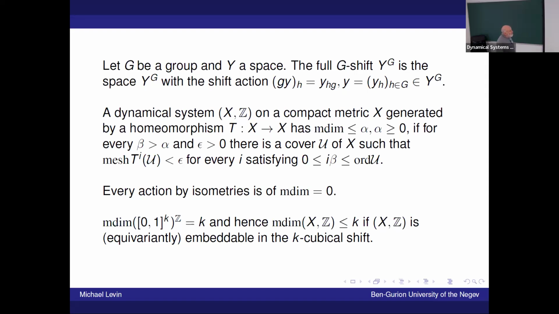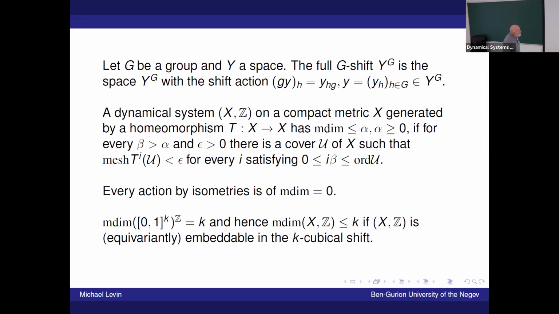If g is an element of G, then the coordinates of gy, where y is a point in Y^G, are determined by the coordinates of y by just shifting the coordinates by g. So if G is not an abelian group, this is multiplication from the right by g.